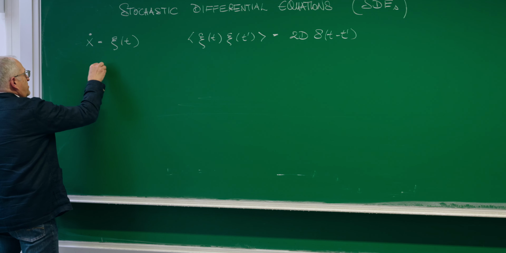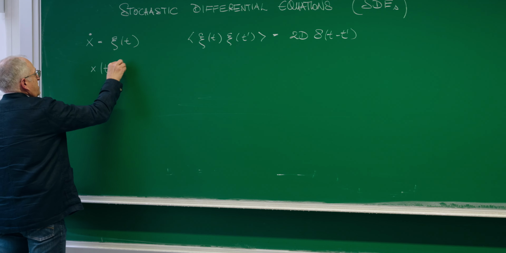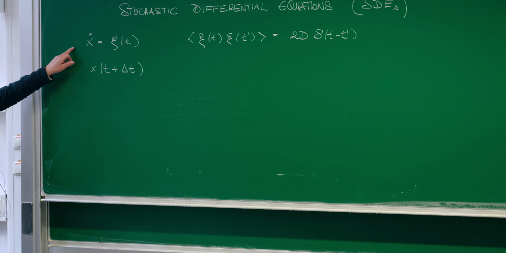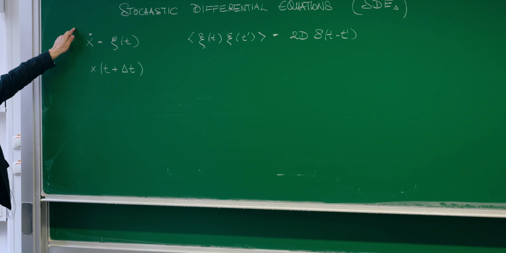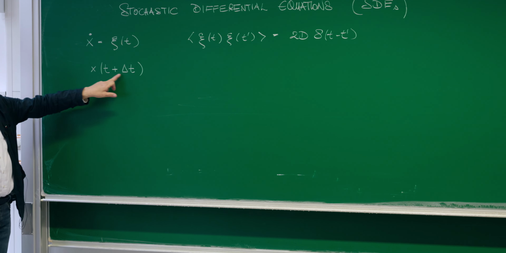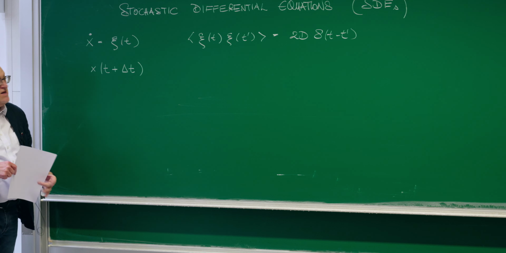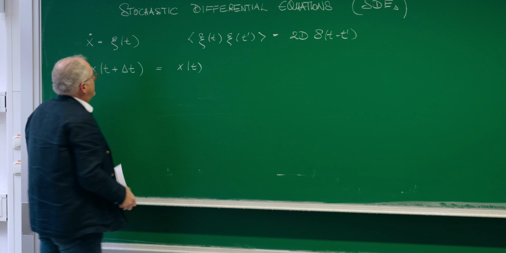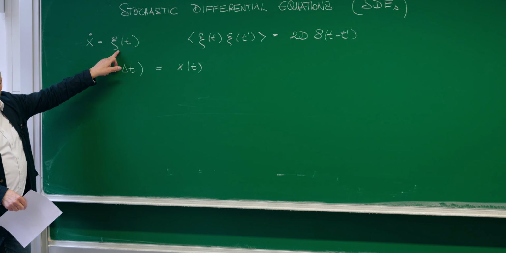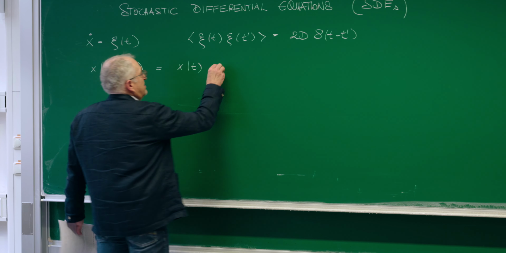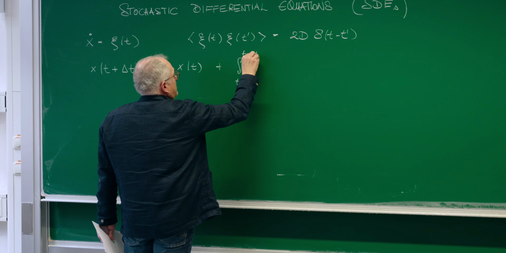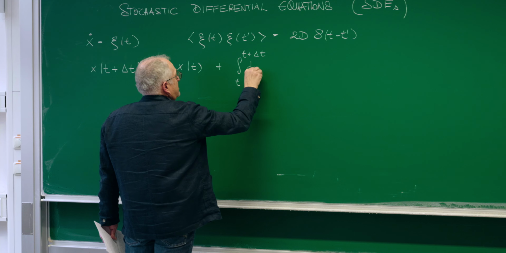So let's say I want to know x of t plus delta t. Well, for that you have to integrate this equation from t to t plus delta t, and then you get x of t plus delta t minus x of t. We'll write this x of t on the right-hand side. And additionally, you get the integral of the noise over the time interval between t and t plus delta t, d tau.